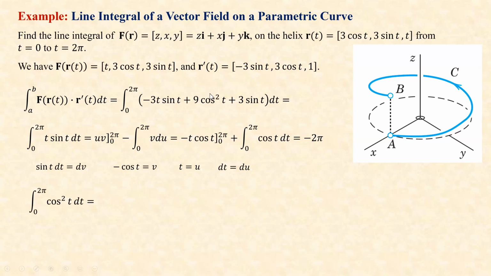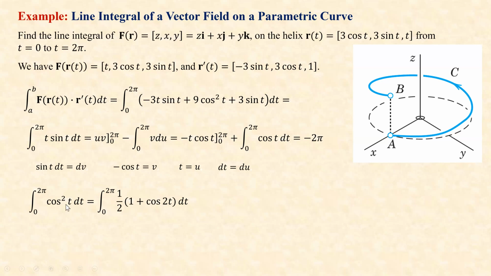And then the integral of this cosine squared. Do you remember how to do the integral of cosine squared? You can use a trig identity, the double angle. We write cosine squared as 1/2 of 1 plus cosine of 2t.